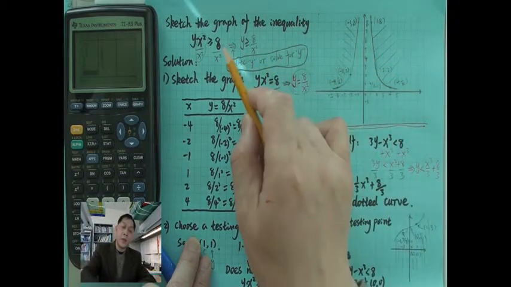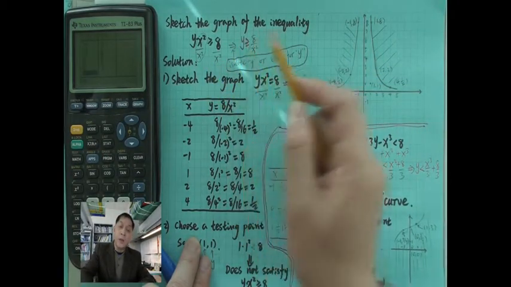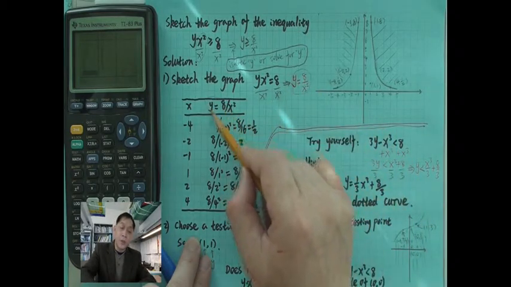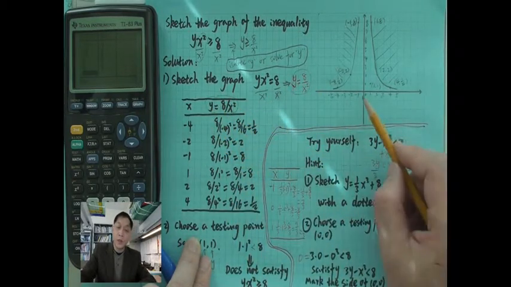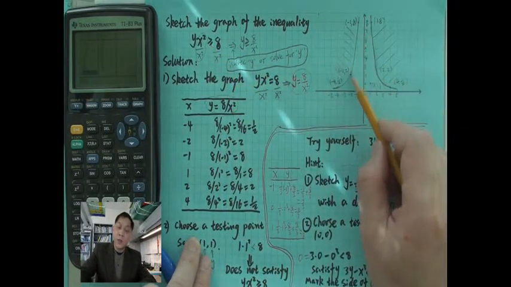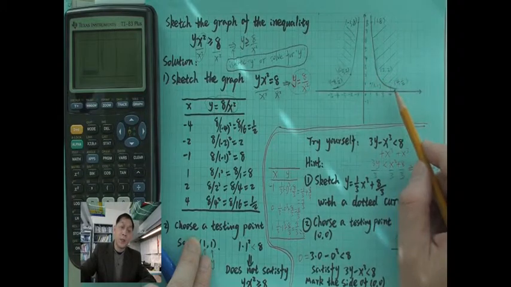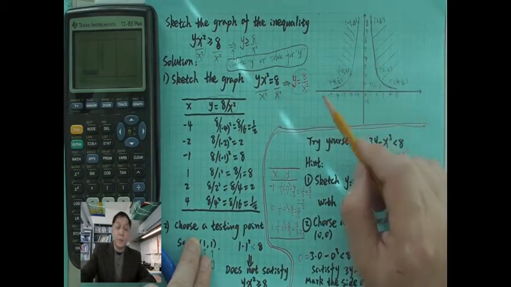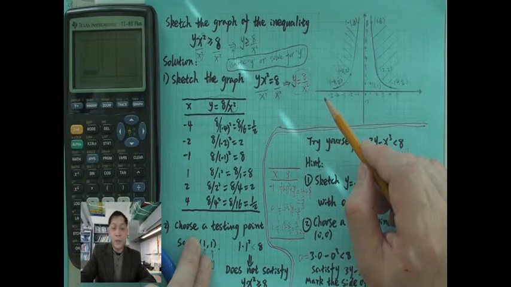So here we isolate y, or solve for y, to sketch the equation. Since we have an equal sign here, we need a solid line, because all the points on the curve are included. That's step 1.